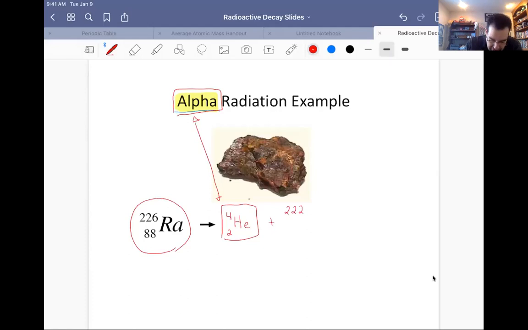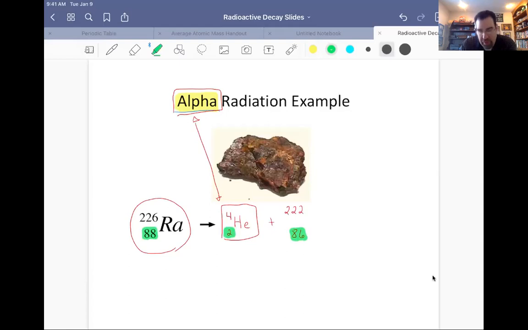Okay, so then the next thing that I want to look at here is the number of protons, the atomic number. So if I look here, I had 88 protons, but I am losing 2 of those. And so how many protons will remain? Right, 86.